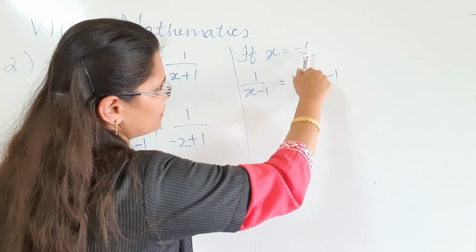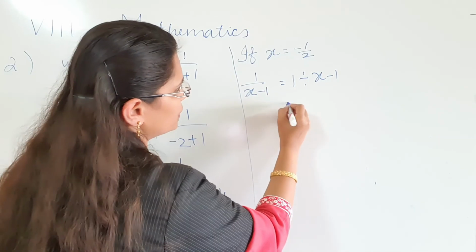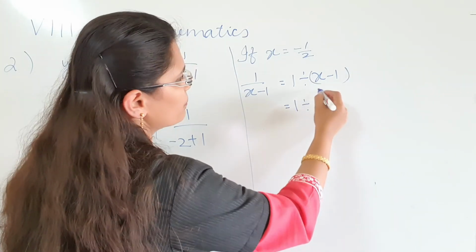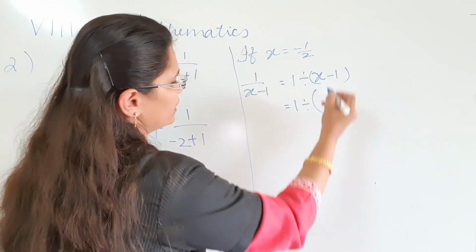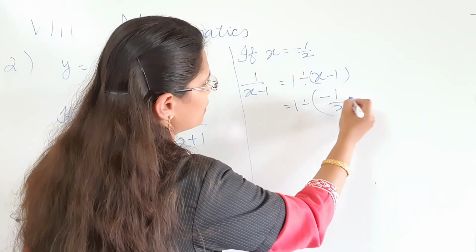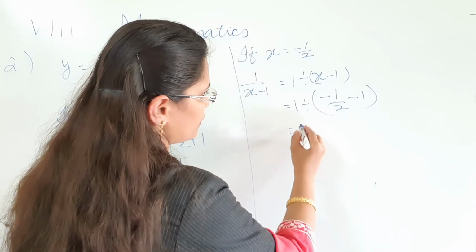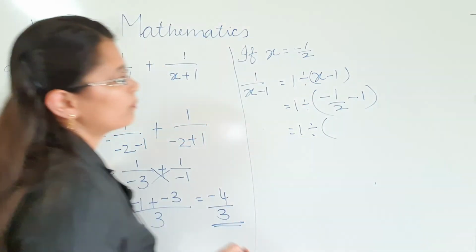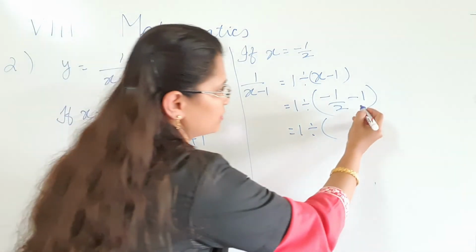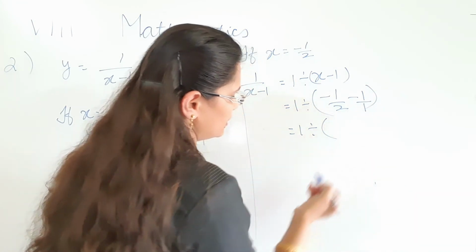So, here x is equal to minus 1 by 2. So, substitute: 1 divided by x, we can write minus 1 by 2 minus this 1, is equal to 1 divided by minus 1 by 2 minus 1. Write this as a fraction.